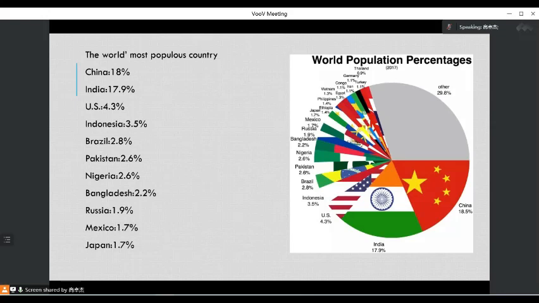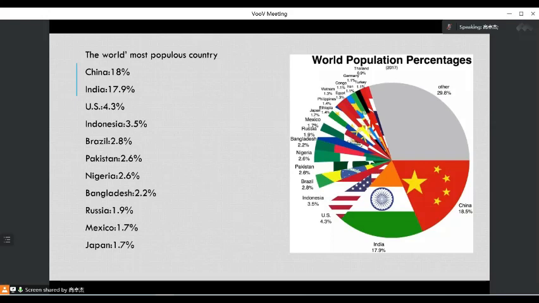In addition to China, look here. India is another populous country in the world.